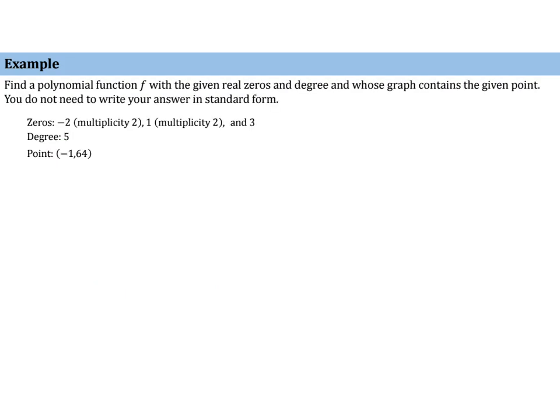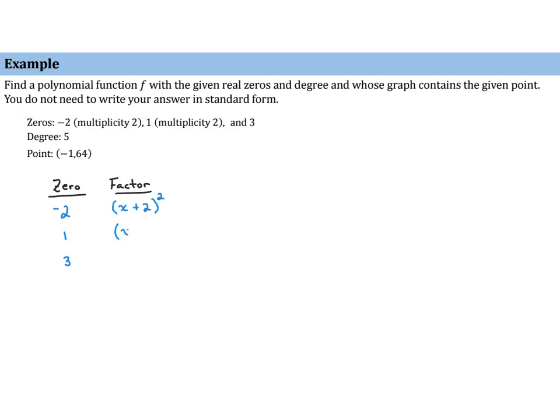So here we have a very similar example. So let's start out the same way. We have zeros and we have factors that correspond to those zeros. So we have negative 2, we have 1, and we have 3. Now, the factor that's associated with negative 2 would be x plus 2. What's the multiplicity do? It's going to raise that to the second power since the multiplicity is 2.